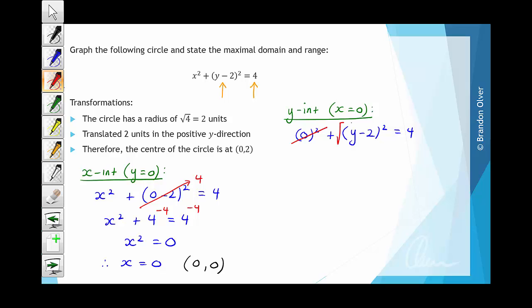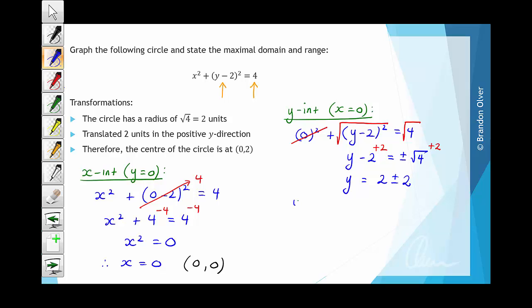If we take the square root of both sides, we find that y minus 2 is equal to plus or minus the square root of 4. Adding 2 to both sides, we find that y is equal to 2 plus or minus the square root of 4, which is just 2.